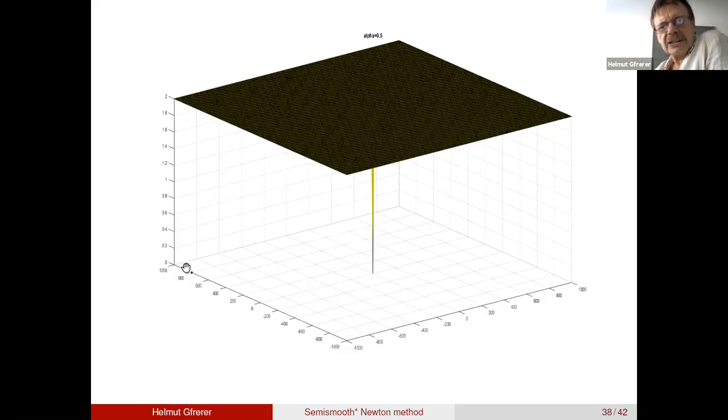We have considered the iteration numbers for all the starting points, and you see that for every starting point we need 2 iterations of our semismooth Newton method to solve the problem. The only exception is when we start at 0, then we need 0 iterations because we are at the solution. Okay, this is all.